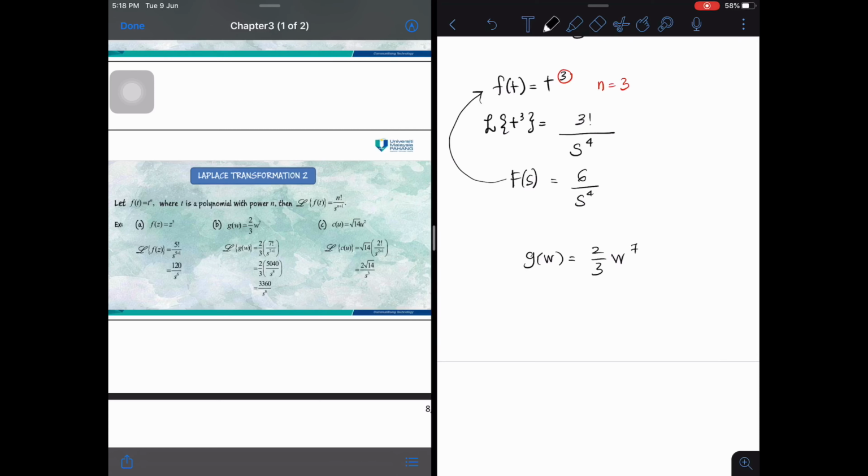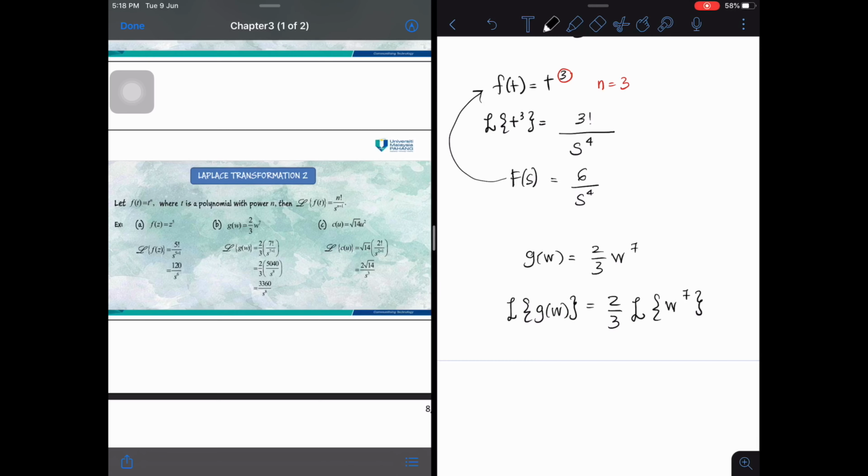When you have this type of equation, you can simply bring 2 over 3 in front, because this is a constant. So when you want to find the Laplace transformation of your function g(w), you can write it like this: 2 over 3 times the Laplace transformation of w to the power of 7.